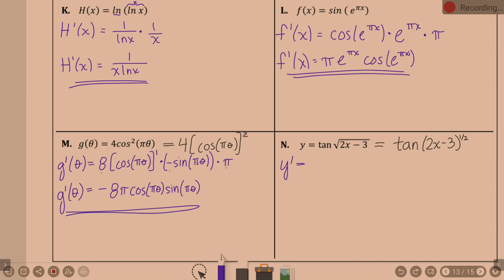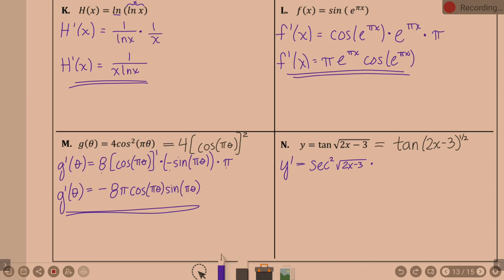So the derivative of tangent of something is secant squared of something. You could go ahead and put it in the square root form right here if you wanted to, times. Now, what's the next outside piece to be done?